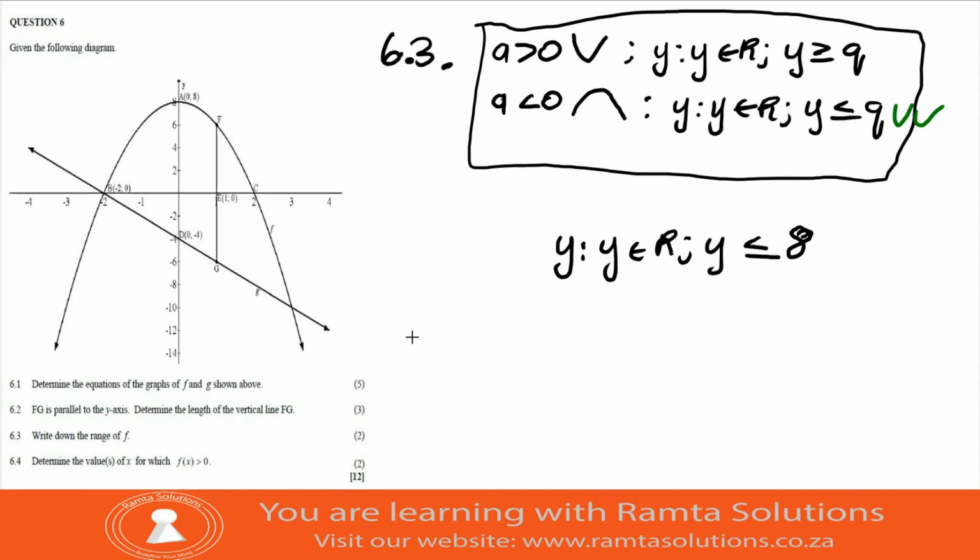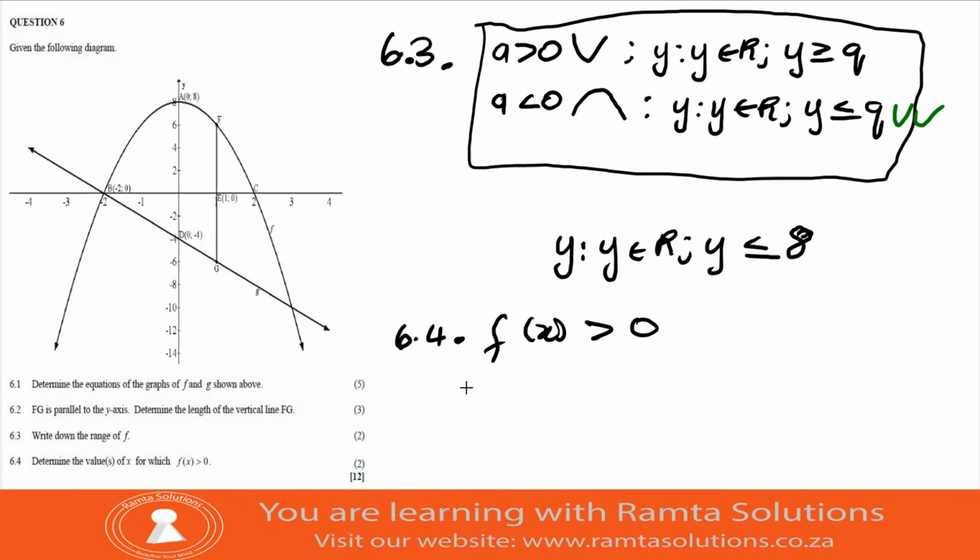Now let's go to 6.4. So 6.4 says determine the values of x for which f of x is greater or equal to 0.